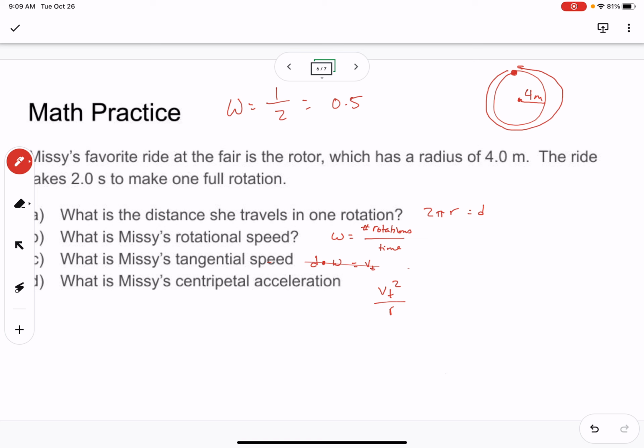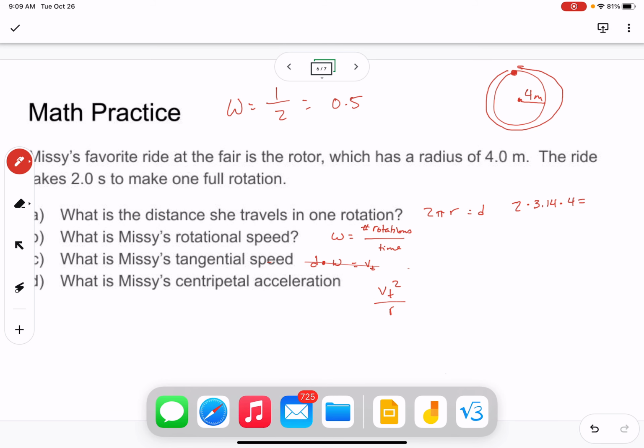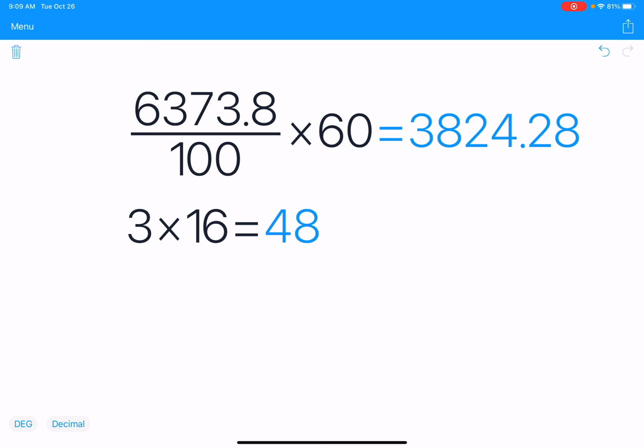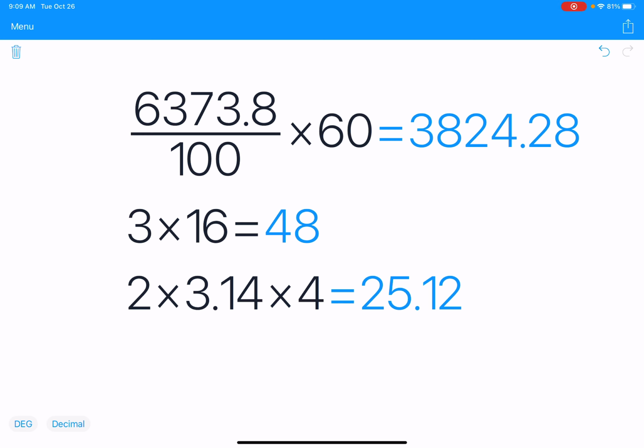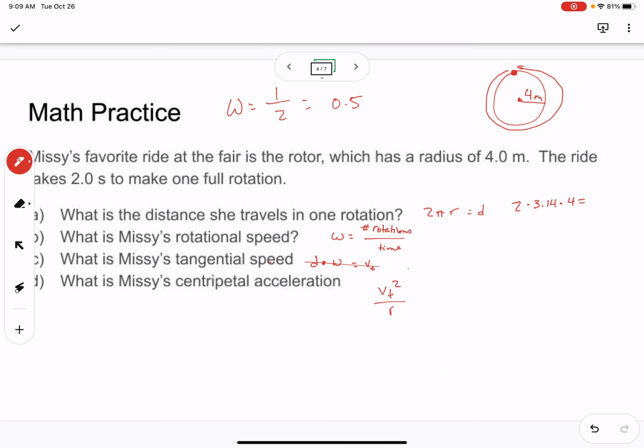R is 4, so we're going to do 2 times 3.14 times 4, and we'll get our rotational distance. 25.12.